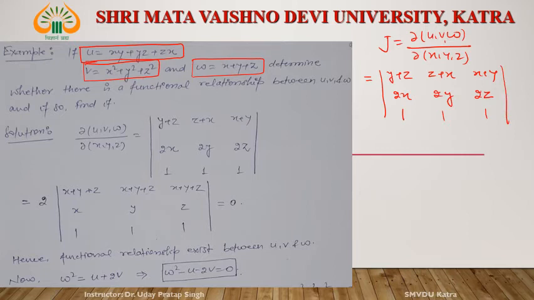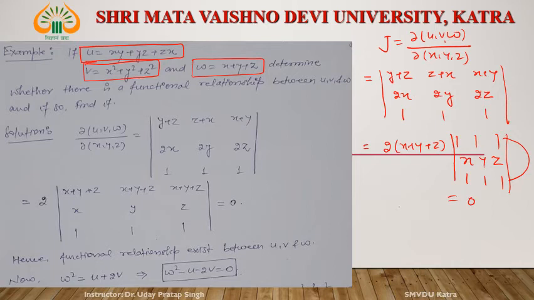Then adding row 1 and row 2 and taking common 2(x plus y plus z), this becomes 1, 1, 1, and this is x, y, z, and this is 1, 1, 1, right? Since the first and third rows are equal, therefore this determinant is 0, right?